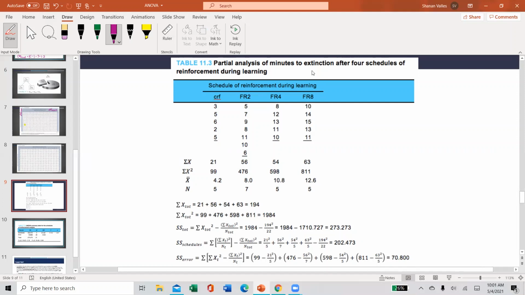This example is looking at and testing Skinner's reinforcement schedules. And so down here are all of their calculations to find their SS total, their SS treat, right? Remember here, he just put schedules because those are the different groups, or those are the different treatments. And then our SS error, okay?